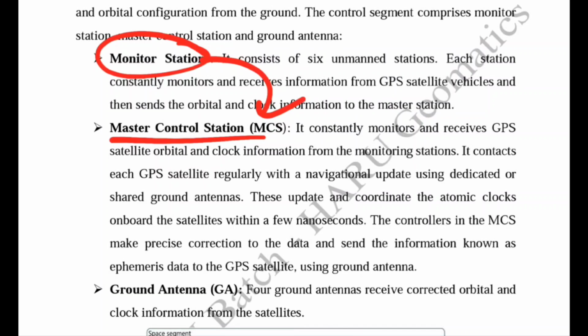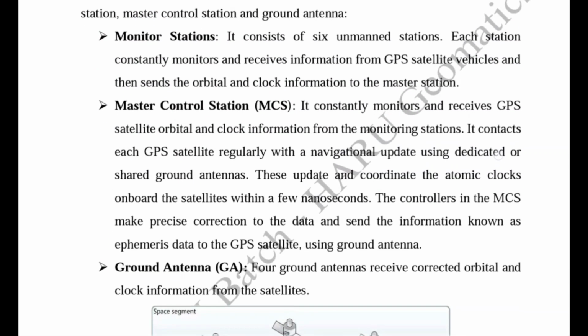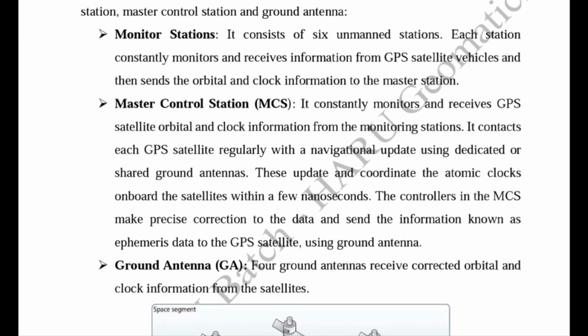So the information collected by the monitor stations has to be transmitted to the master control station. The monitoring information about the orbital and clock information or their health information is transmitted to the master control station. So it contacts each GPS satellite regularly, or we can say twice a day. In a day, it is regularly monitored twice.